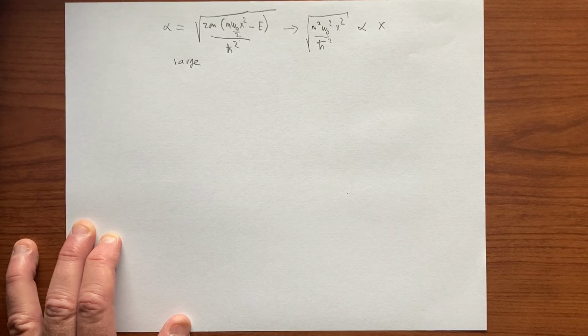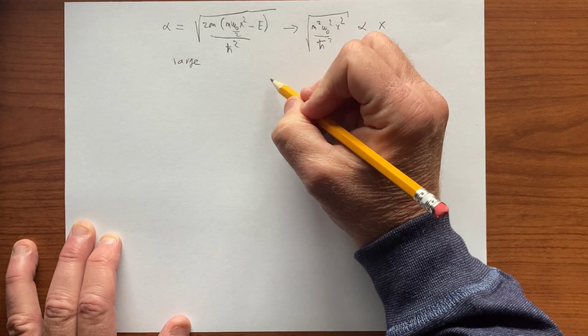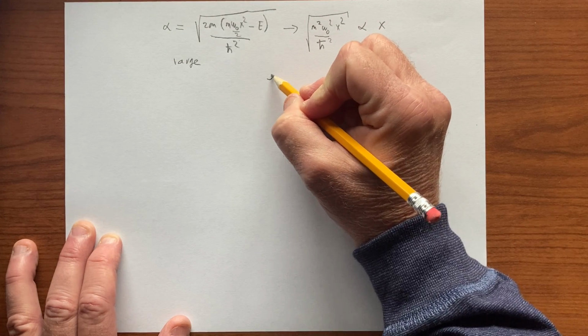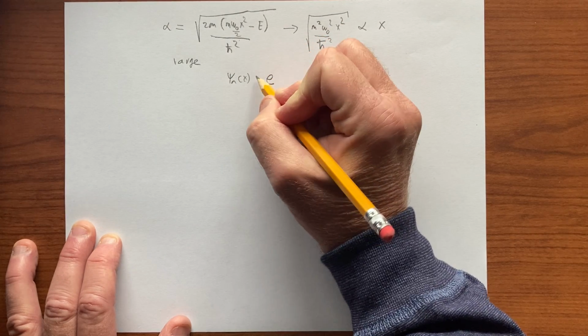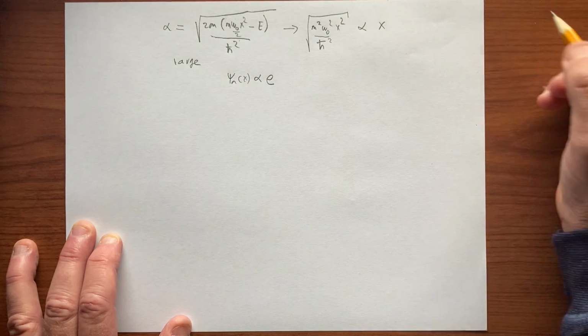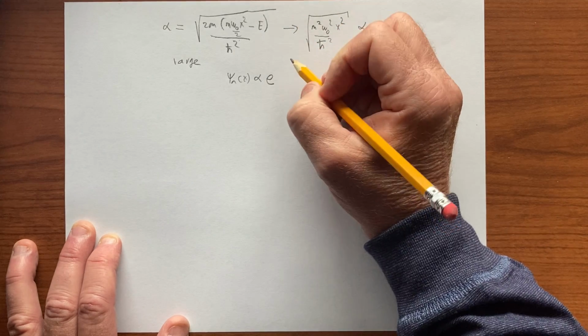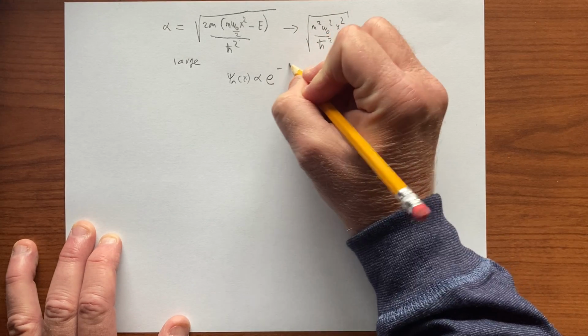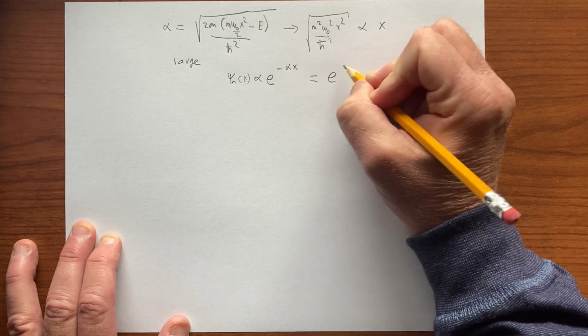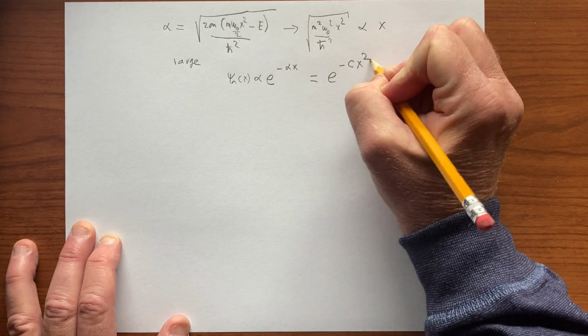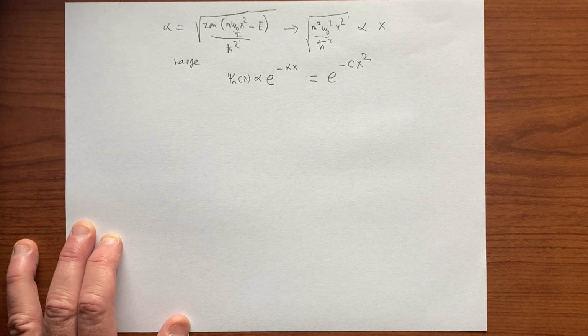There's some constant there. And so if we think of the exponential term, psi n of x goes like e to the minus alpha x, then it looks like we have something that ends up dying off faster for this case. And so there should be terms like that.